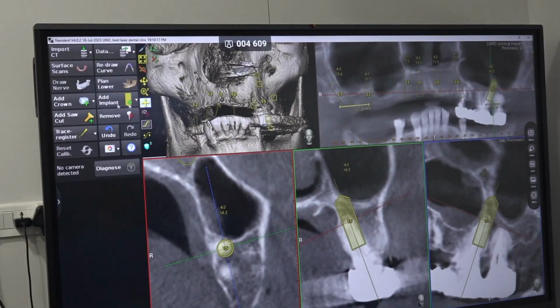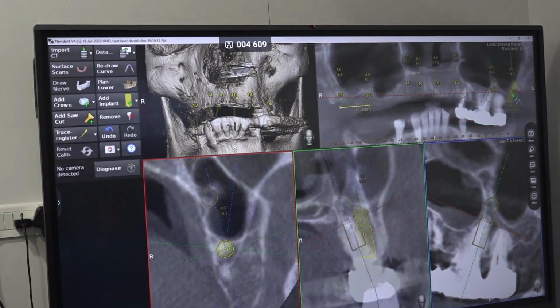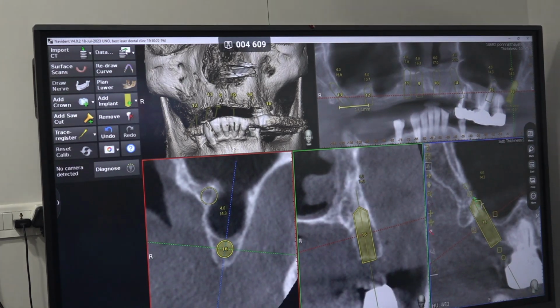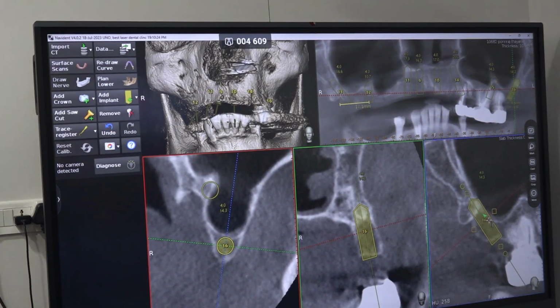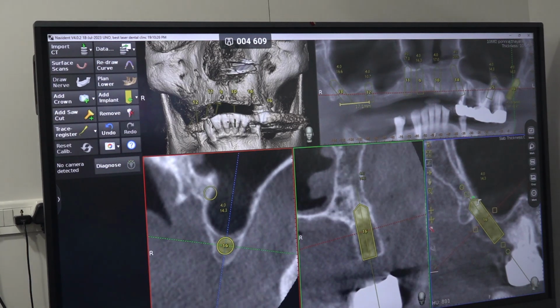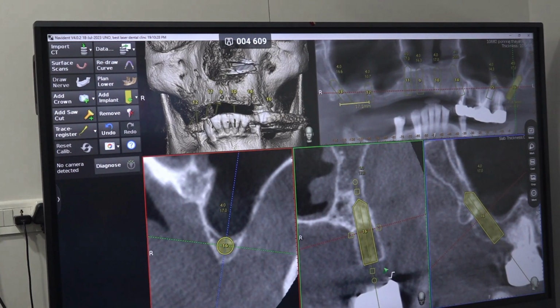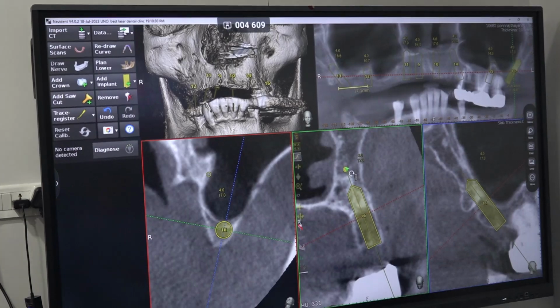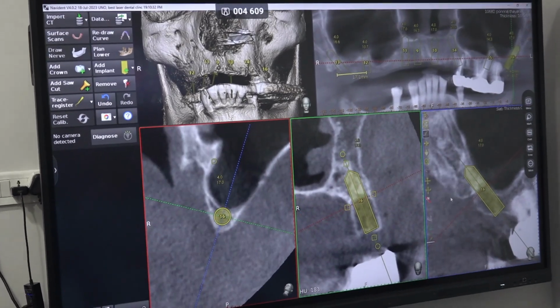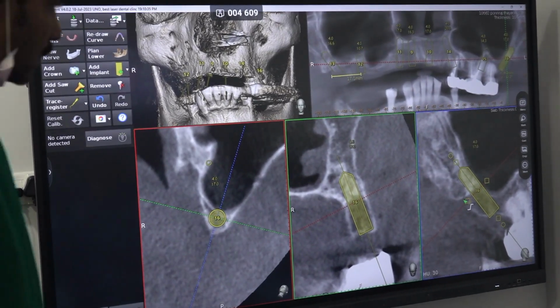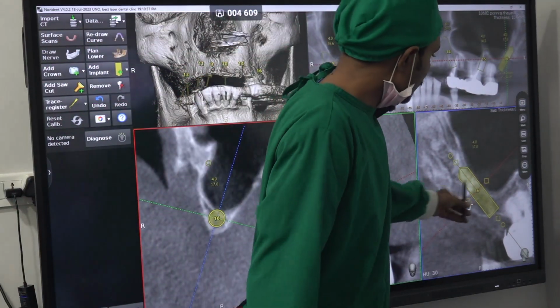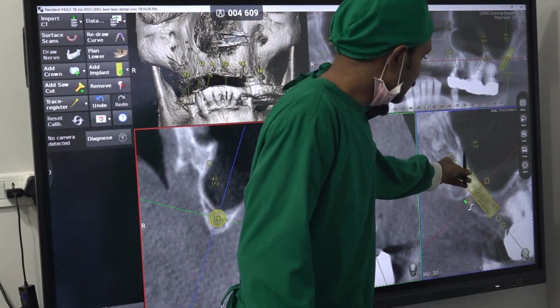Now we try pterygoid also. The pterygoid is more challenging than the right side. The sinus is coming till here.